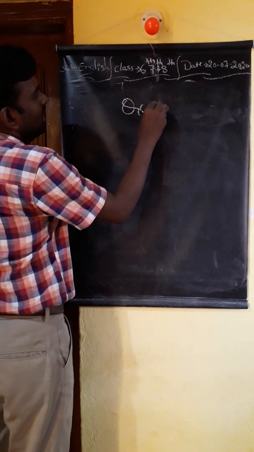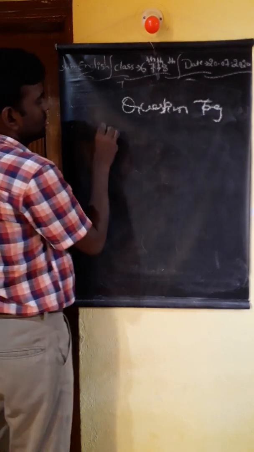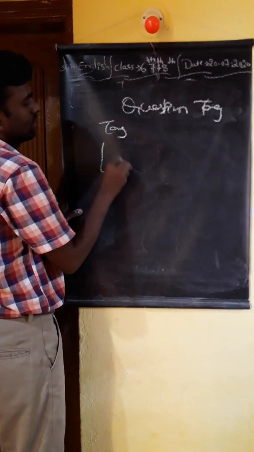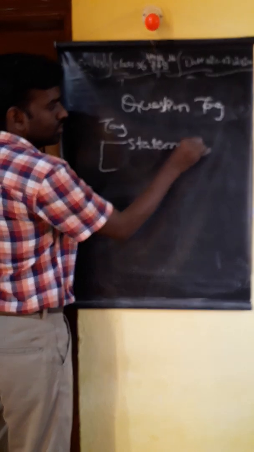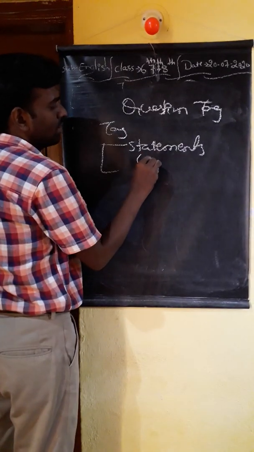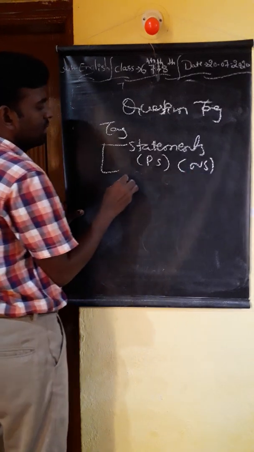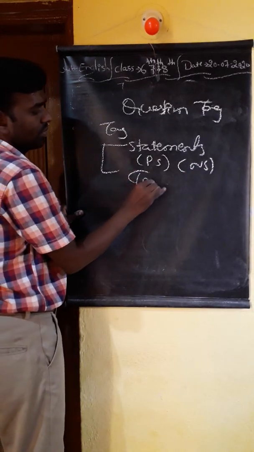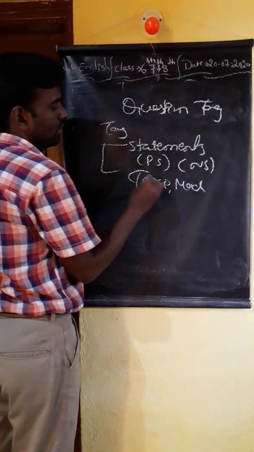So once again I am writing here: question tag. Question tag is for statements, it may be a positive statement or a negative statement, and question tag applies for tenses and for the modals.